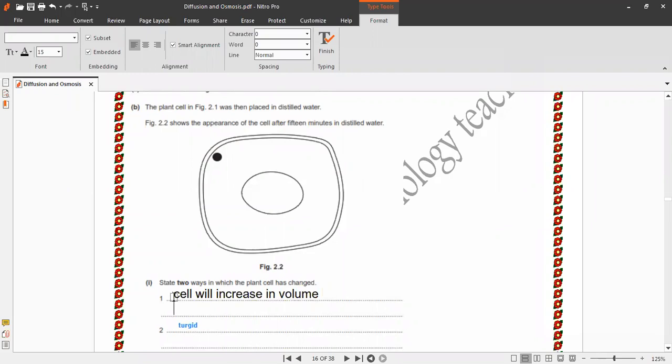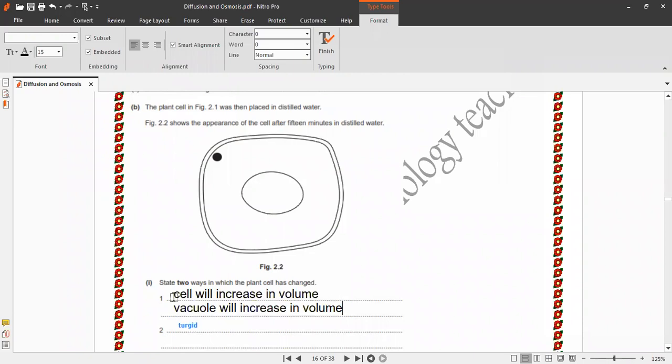Okay. Also, the vacuole will also increase in volume. Okay. What else? It will become turgid.